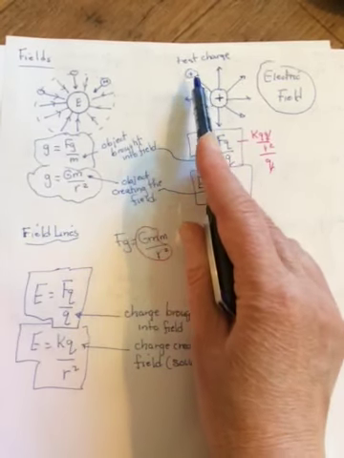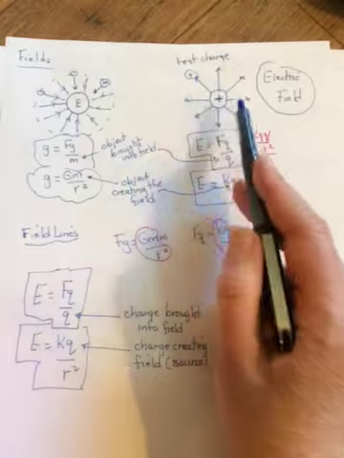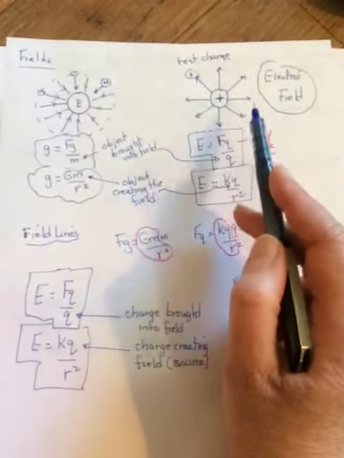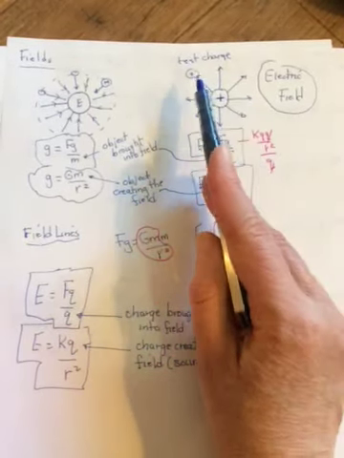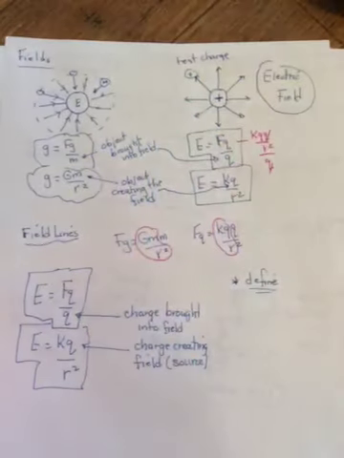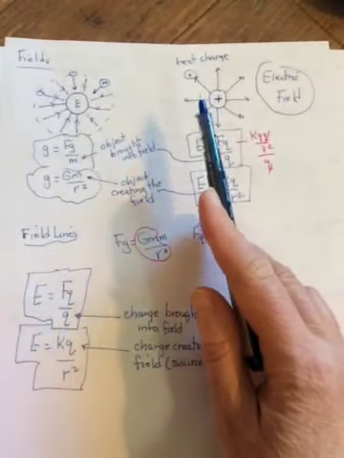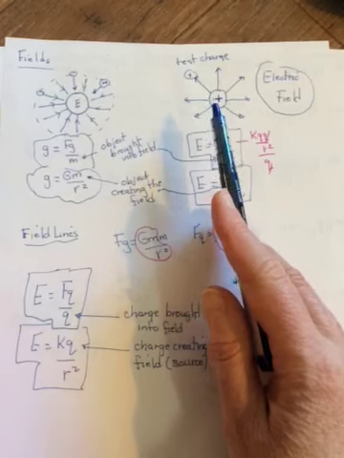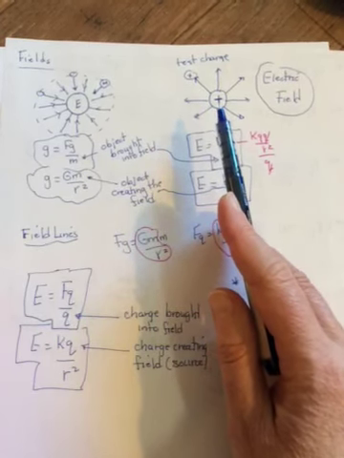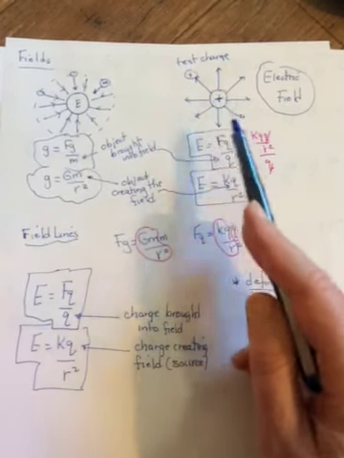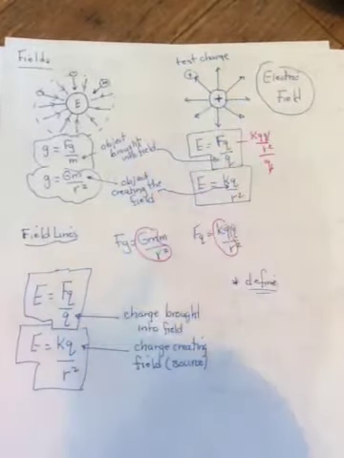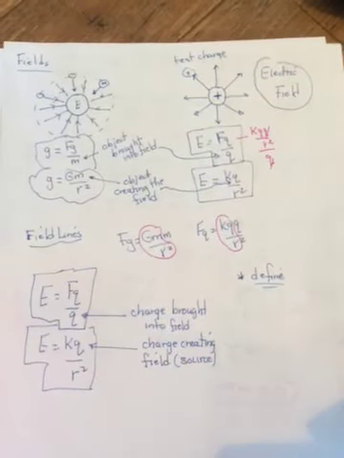So we take this tiny little positive charge and place it anywhere around another charged particle, and the direction of the force that it feels will be the direction of the field at that point. Then we draw lines to show it, and these lines are called field lines.